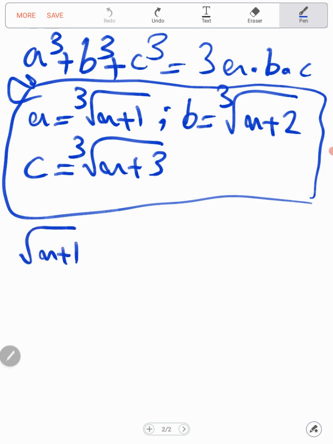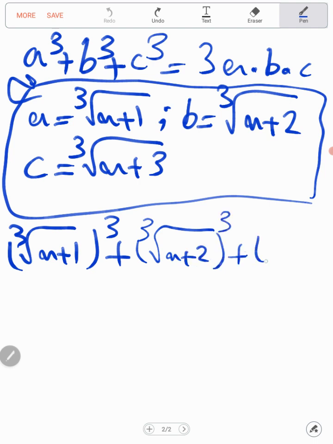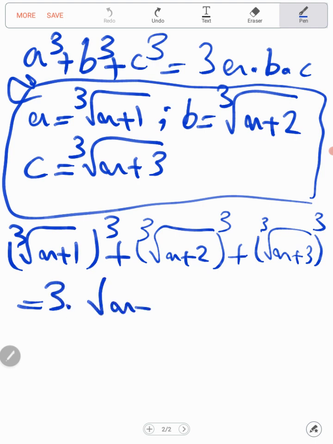We can have the cube root of x plus 1 to the power of 3 plus the cube root of x plus 2 to the power of 3 plus the cube root of x plus 3 to the power of 3 is equal to 3 times, instead of a we can put the cube root of x plus 1.